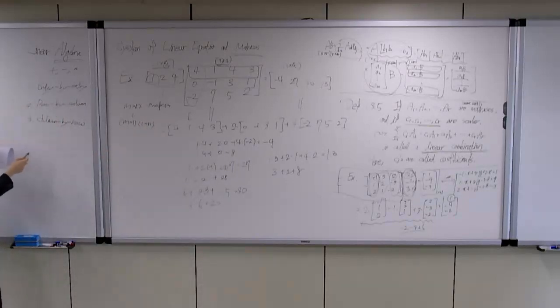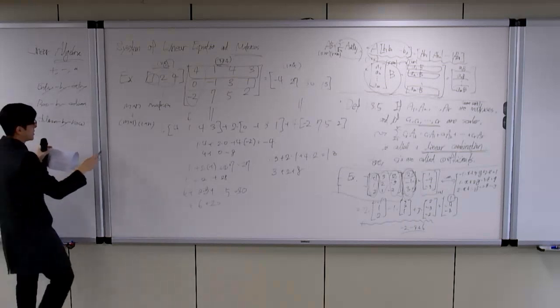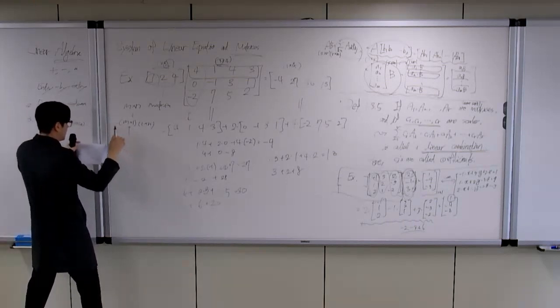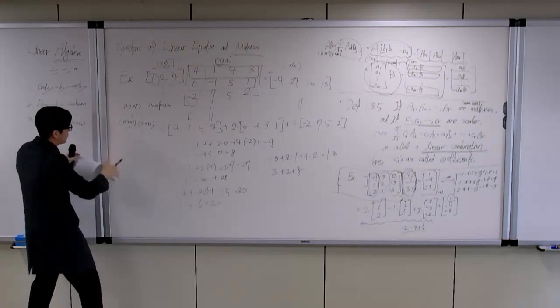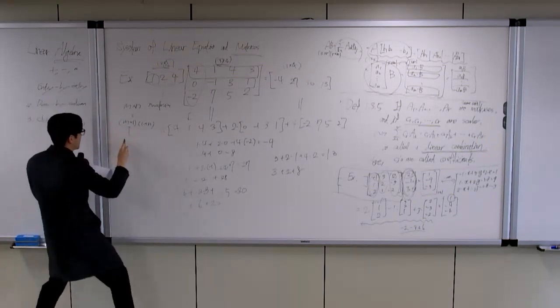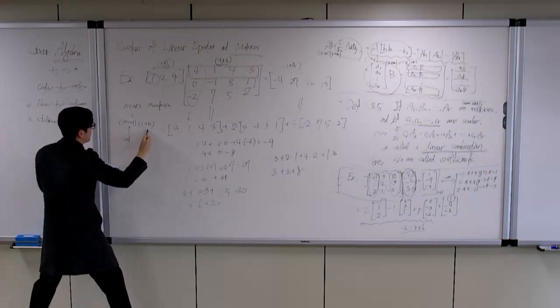So it means n by 1, then column vector, and it means row vector.